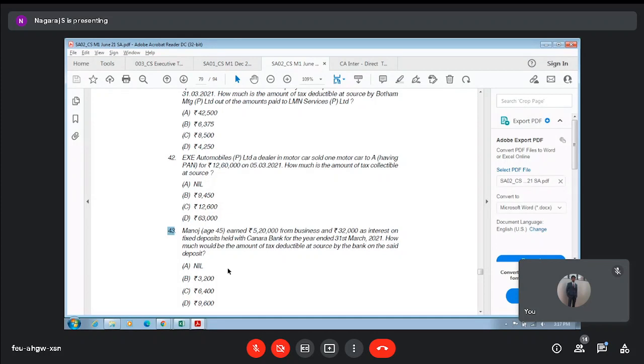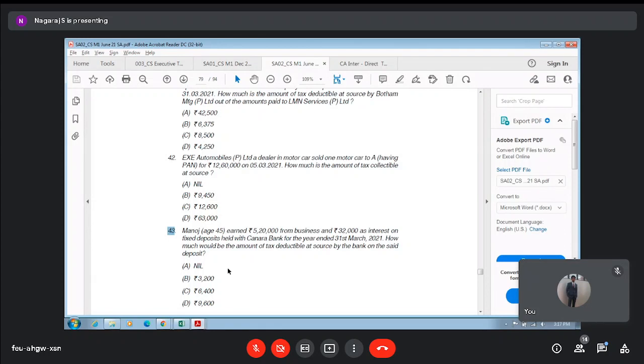TDS on deposit is 5%. Is it 5% or 10%? 10%. I think 194D maybe. 194D insurance commission, Dalal means agent insurance. Somewhere it comes.